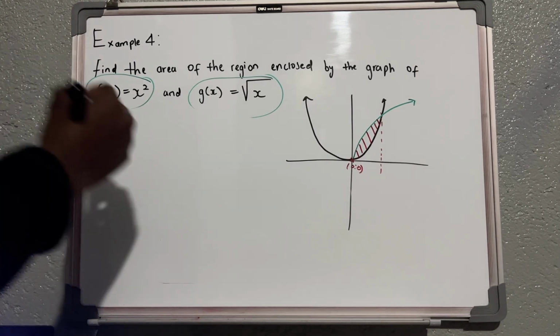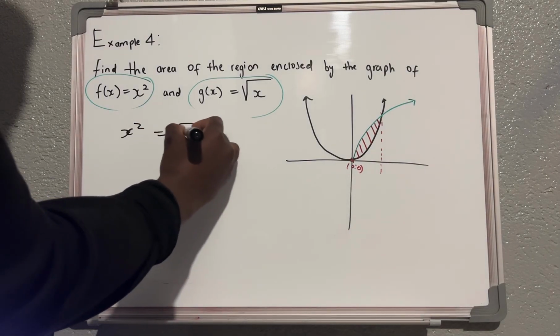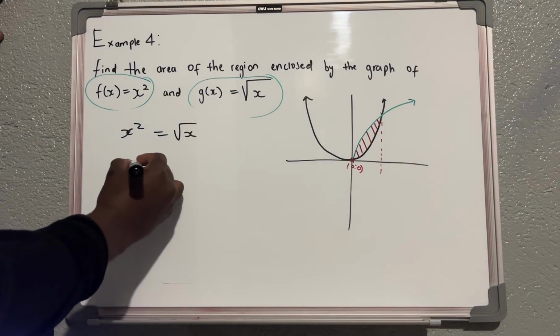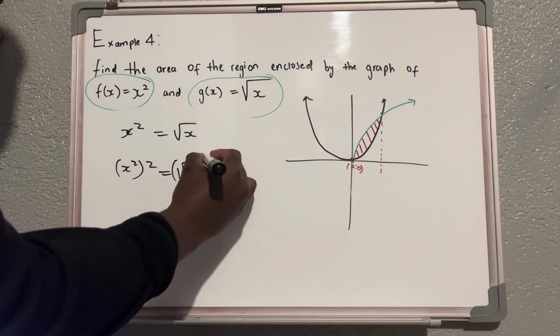Meaning I'm going to have what? I have x squared equals the square root of x. If I want to remove that square root, I have to square both sides. So I have x squared all squared, then I have the square root of x all squared.